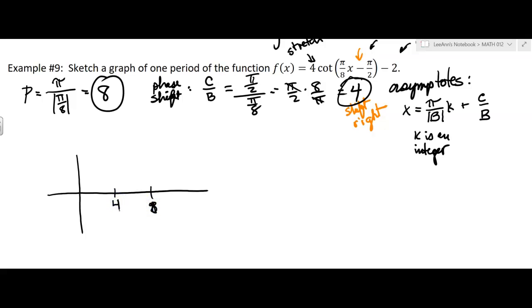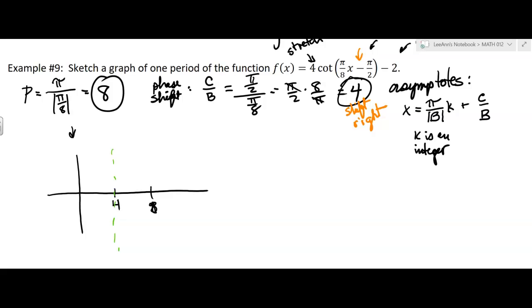Now notice this is not 8 pi and 4 pi. It's just a plain, regular, real number 4 and 8. Okay, but the asymptote that used to be at 0 is scooting all the way into 4. And then that means that my period is shifting over.